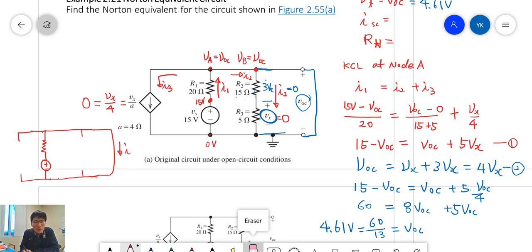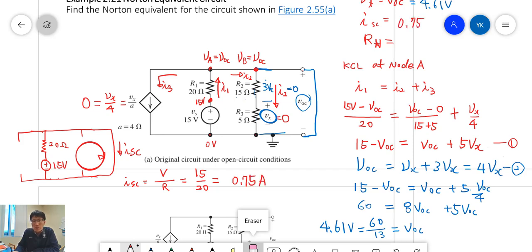So here is ISC, and this one is 20 ohms and that one is 15 volts. The current flows in this direction. So ISC equals V over R. V is 15 and R is 20 ohms, so 0.75 amps.